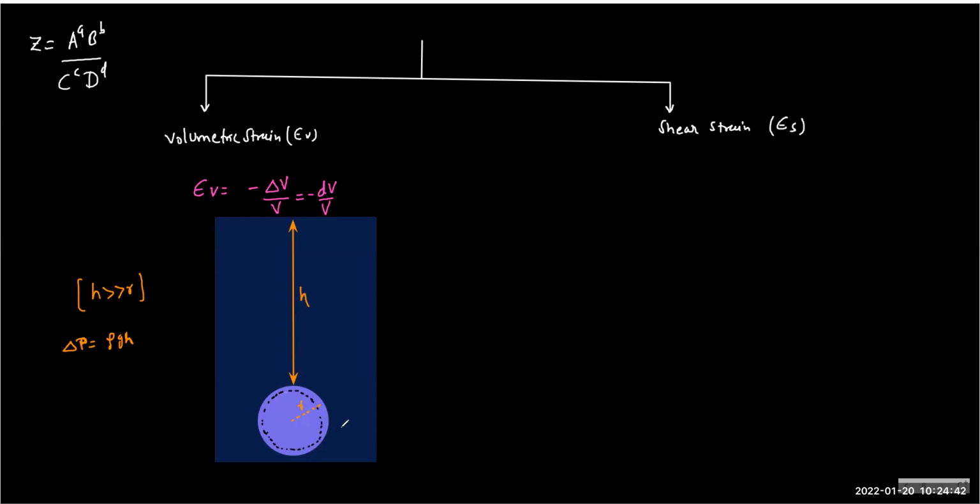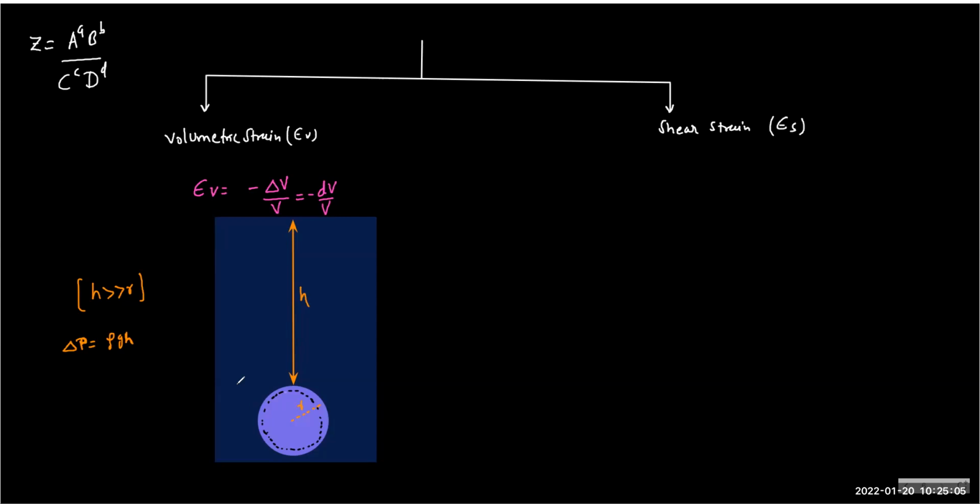If you remember, I told you in the very beginning that if something is at equilibrium at one particular force, then if you change the force, it will reshape itself in order to balance the additional force.